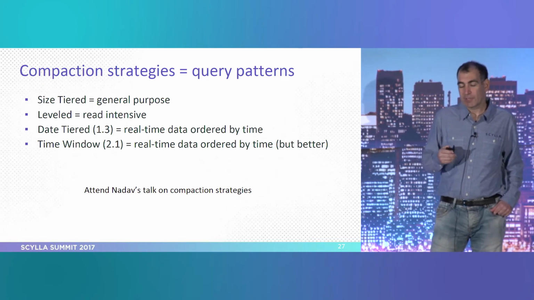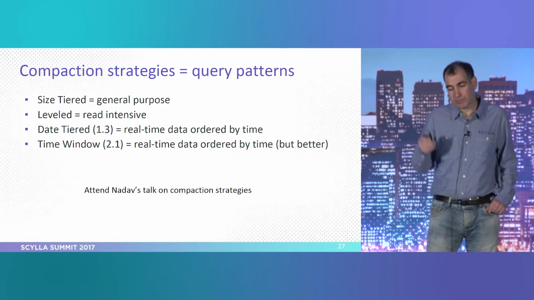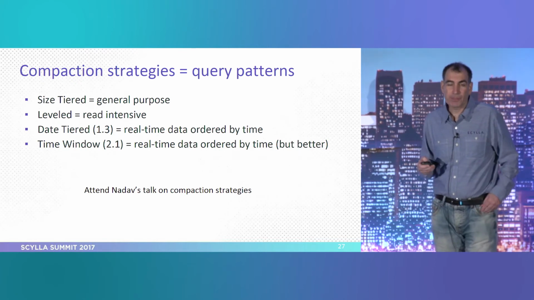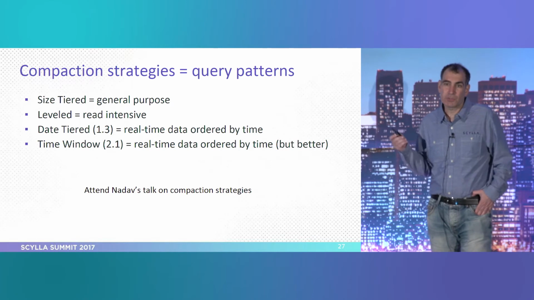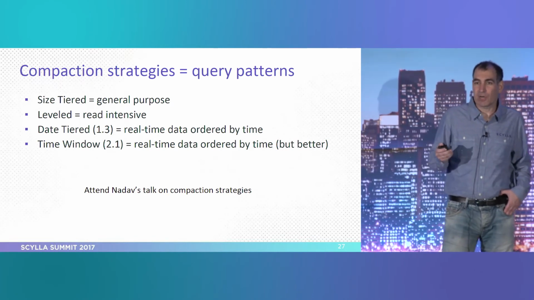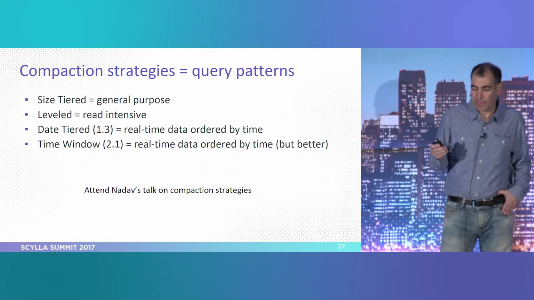So if you have a time series sort of use case, use DateTiered, which has been available since 1.3, and you can use time window when version 2.1 comes out, which should be real soon. And again, you can see Dor's talk for more details about that.